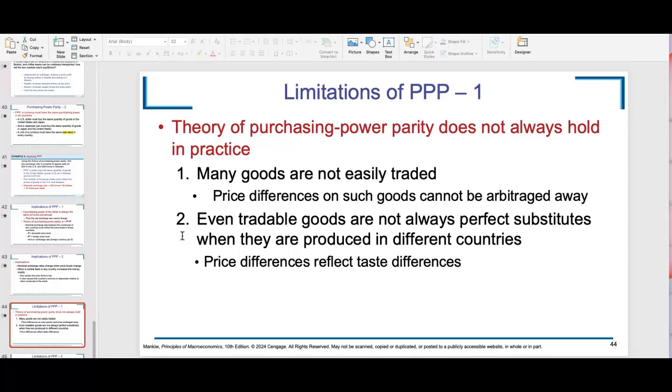Tradable goods are not always perfect substitutes in different countries. Why? Because there are different tastes. Take coffee. The coffee that we consume in Italy is not the same coffee that you consume in the US. It's not the same coffee they consume in Turkey. We have different types of coffee.